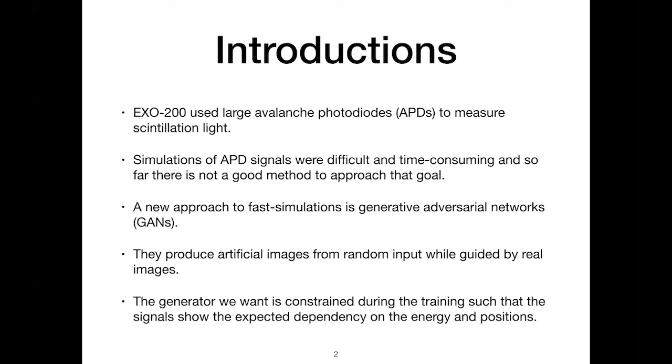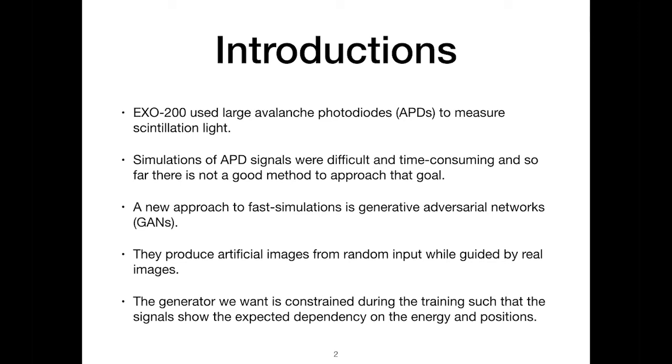So that's why we are looking forward to using the generative adversarial network to find a new approach to the fast simulation. Trained with the real waveforms we have, it should be able to easily generate some artificial waveforms, just like what they did to create fake human faces.